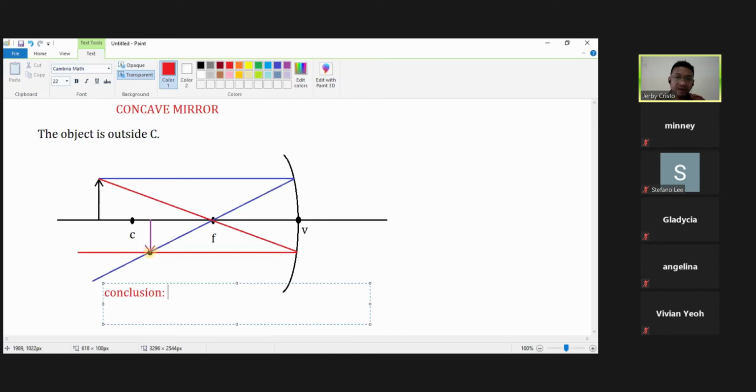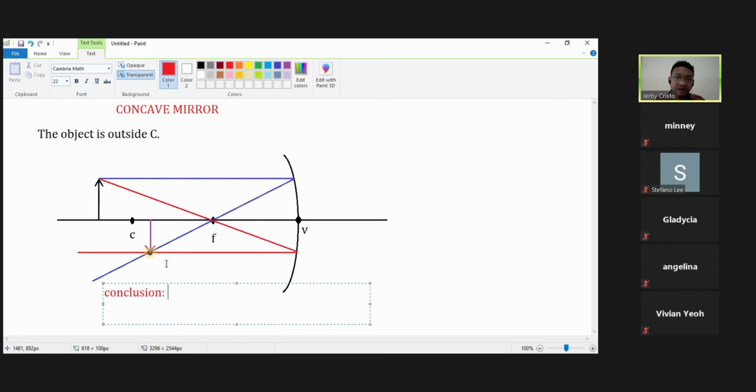Second, you present the size of the image. It's either enlarged, reduced, or same size. And then the third is the orientation of the image. Is it erect or upright, or is it inverted? That's how you present a conclusion to describe the image.